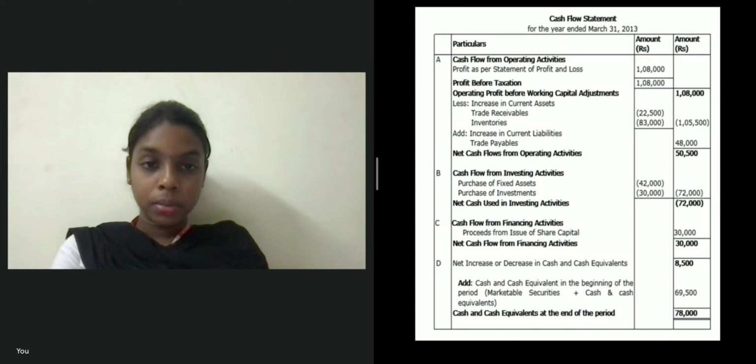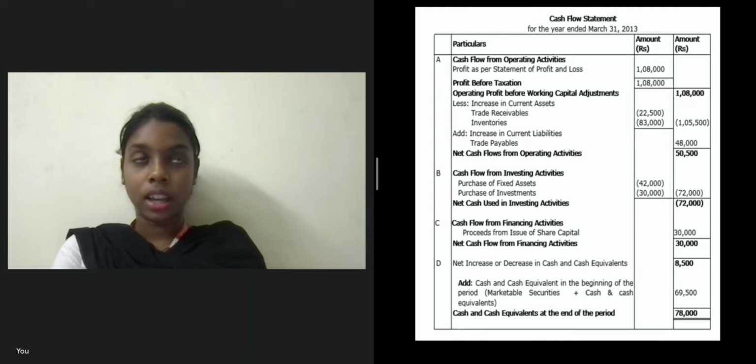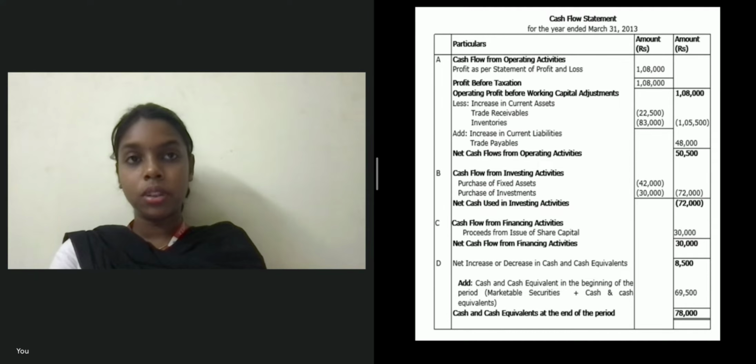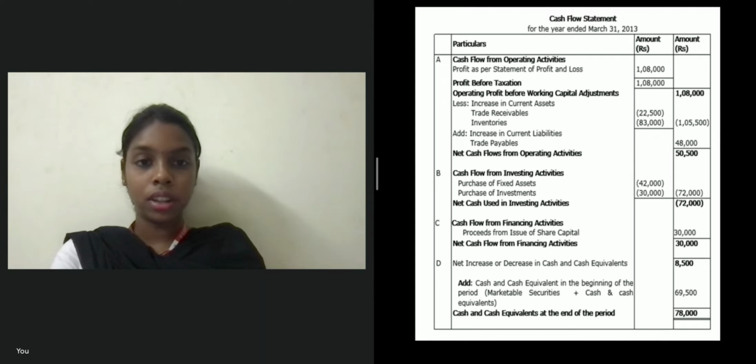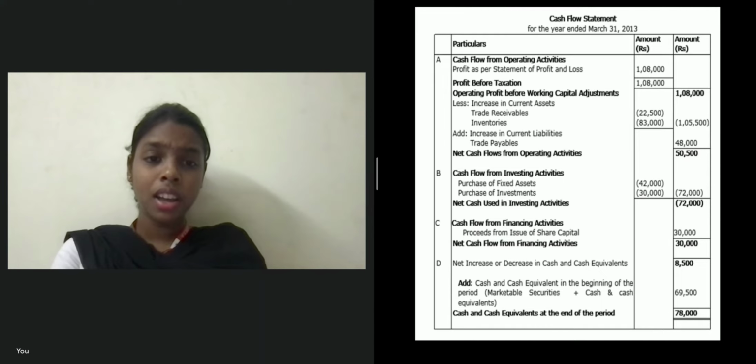First comes the cash flow from operating activities. Cash flow from operating activities indicates the amount of money that a company brings in from its ongoing regular business activities. So the flow of money in the business is known as the cash flow from operating activities. Then comes the profit before taxation.